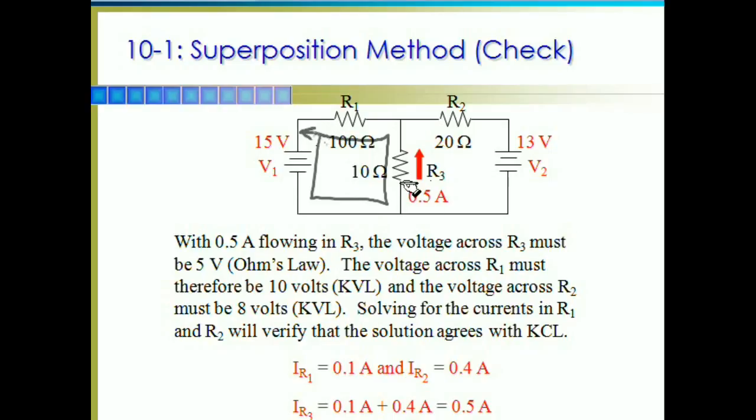So if we have 5 volts, 5 volts, 10 ohms, R1 has got to be using up the rest of the 15 volt source. And R2 has got to be using up the rest of the 13 volt source.